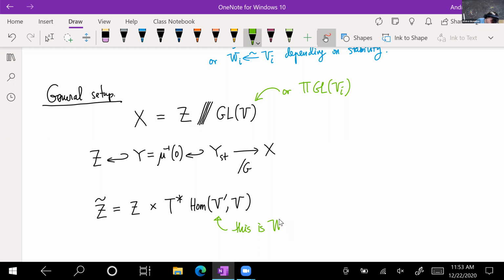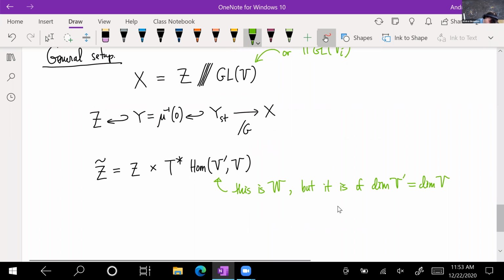This is the framing space, and it is of dimension dim V. In fact we will be interested in the case when they are isomorphic on the locus that we care about.